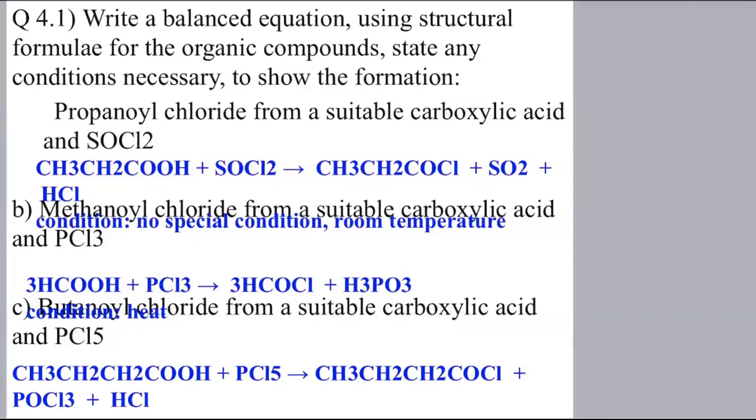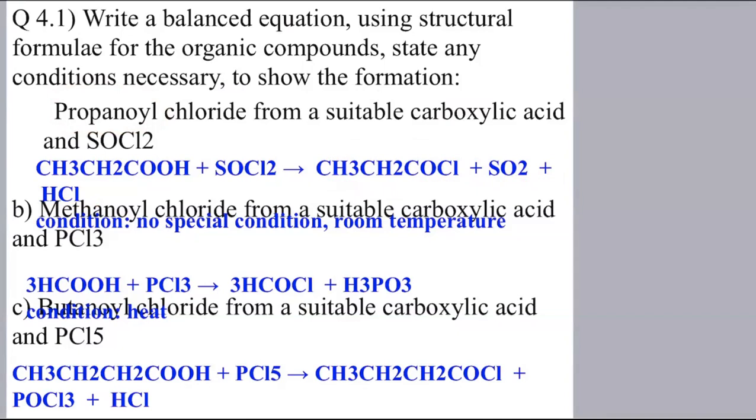As I said earlier on, if you want to prepare propanoyl chloride, obviously you need propanoic acid. So propanoic acid reacts with SOCl2 to form propanoyl chloride and other products. For methanoyl chloride, you need methanoic acid and PCl3.